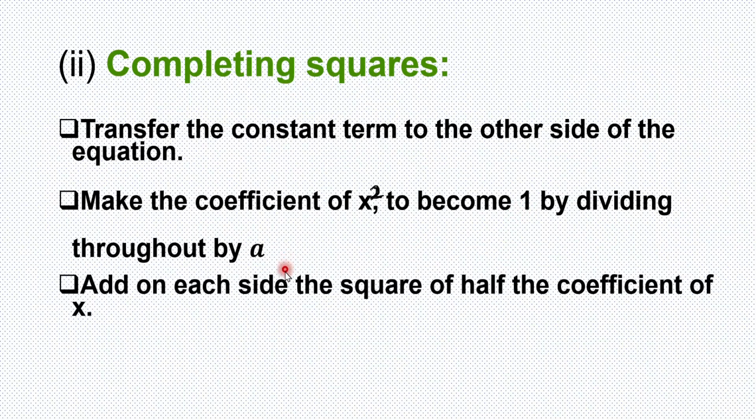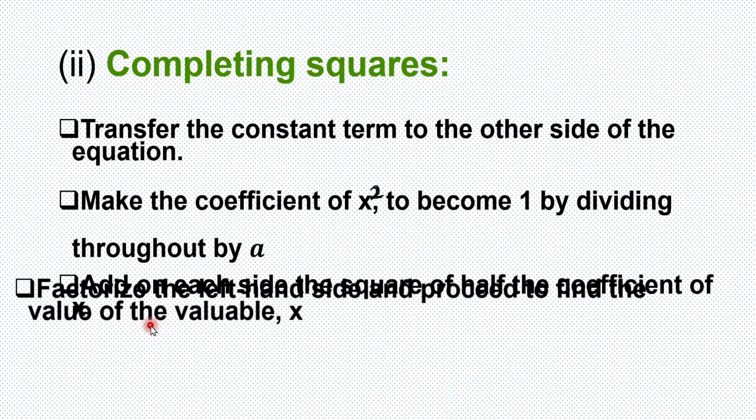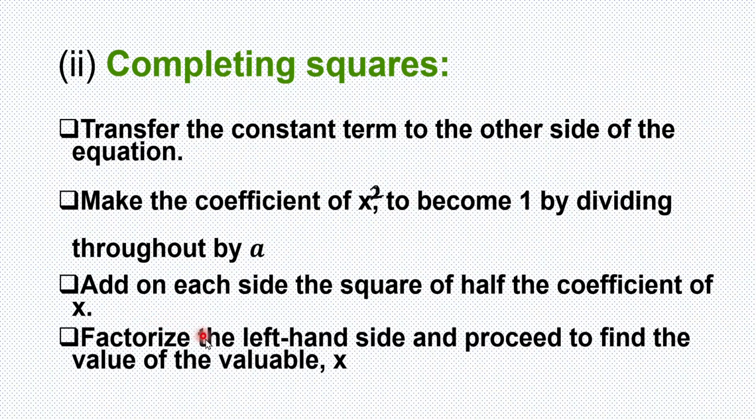After that, we add on each side the square of half the coefficient of x on both sides of the equation. Then we factorize the left hand side and proceed to find the value of the variable, which could be x or maybe y, but for this case, the value is x.